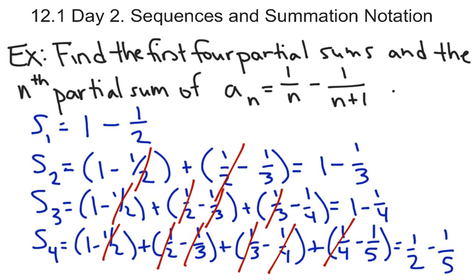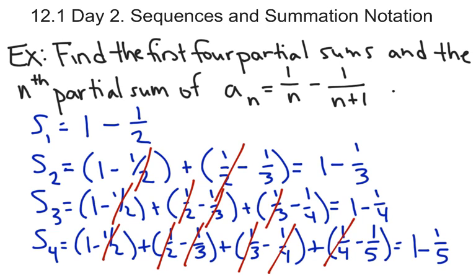Sorry, I messed up the last one at first. So the nth partial sum is going to be the definition that we can use for finding any sum in this particular sequence.